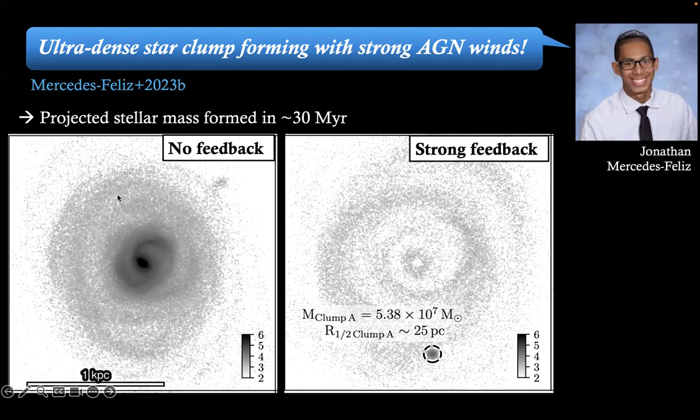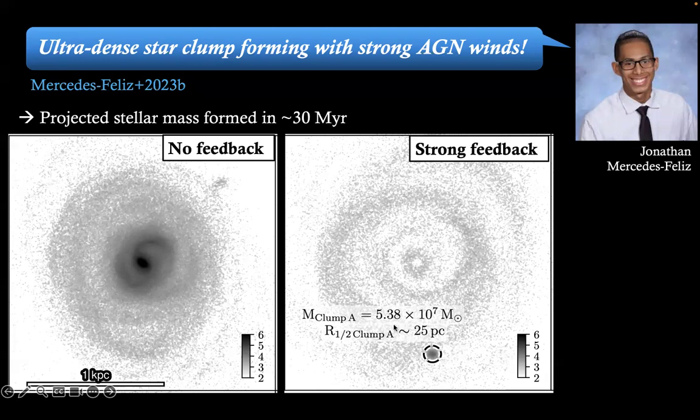In the absence of winds, on the left, we see a very dense stellar component, very efficient star formation with very strong feedback. The winds are shutting down star formation, but we see the formation of this very, very dense stellar clump.